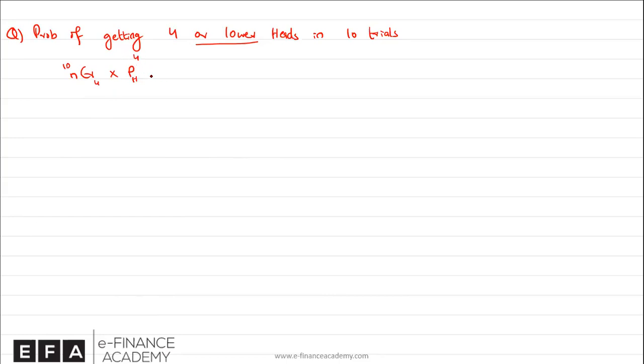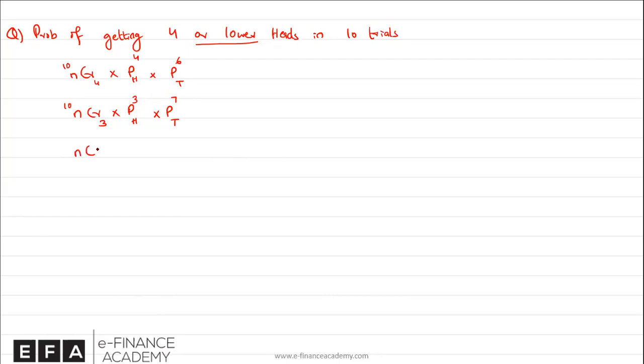We are looking for 4 heads, times the probability of tail to the power of 6. And then we'll repeat again. We'll say 10 NCR 3, so we want to find the probability of getting exactly 3: probability of head to the power of 3 times probability of tail to the power of 7, because out of 10 trials, if you have 3 heads, you will have the remaining 7 as tails.